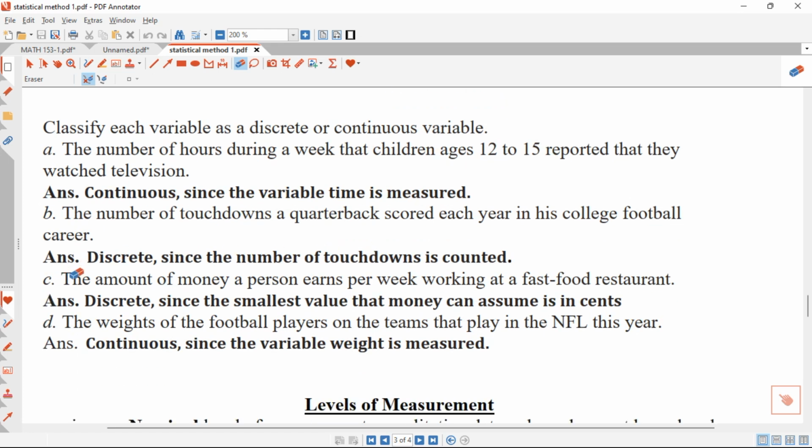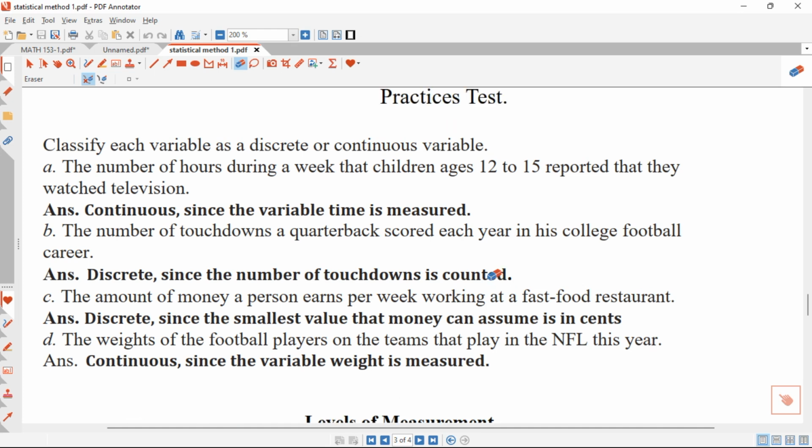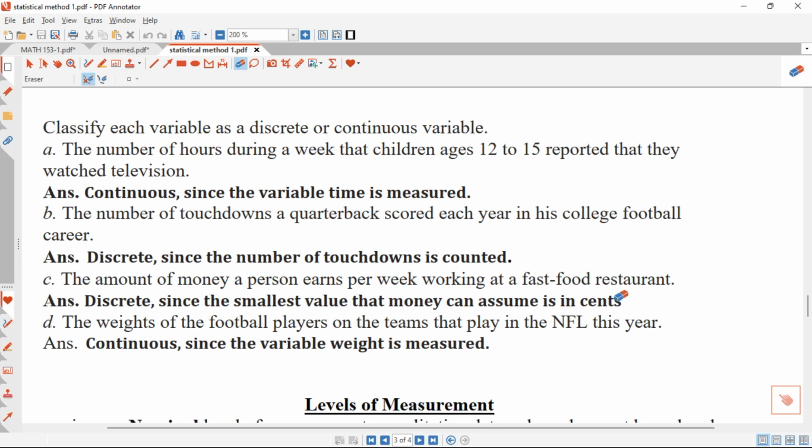And then C says the amount of money a person earns per week working at a fast food restaurant. So the amount of money someone will earn, usually we count money. So money is a discrete variable since the smallest value that money can assume is in cents.